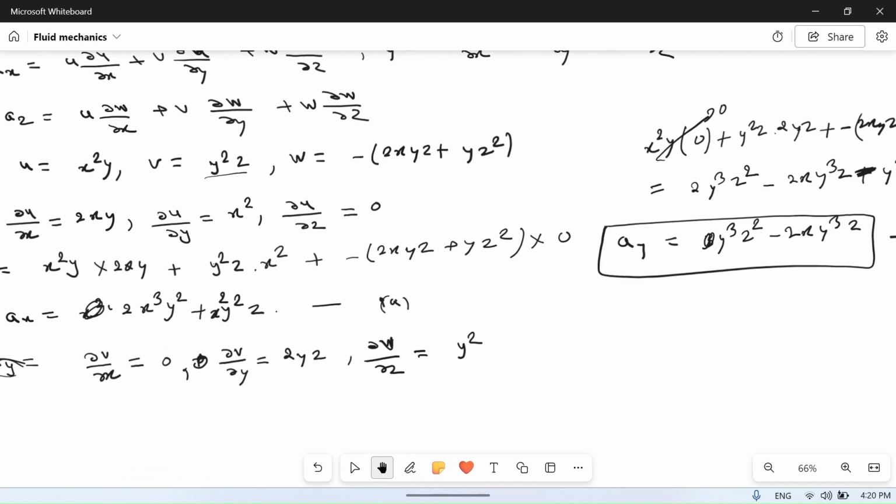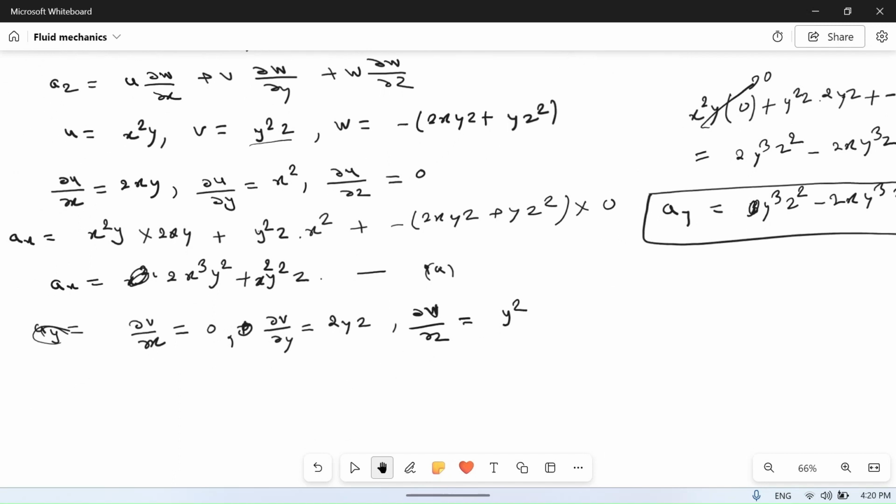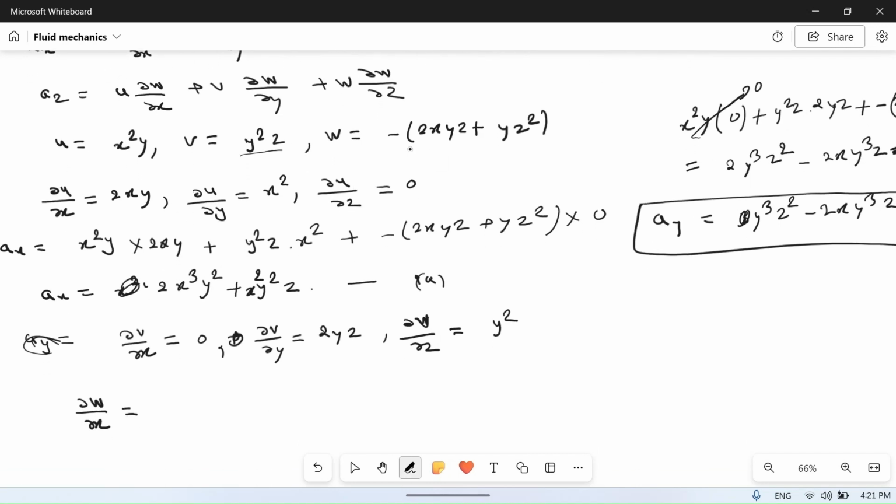Similarly, the formula for az is given as this. For that we will find del w upon del x, which will become minus 2yz.